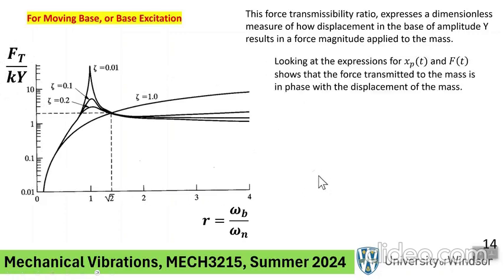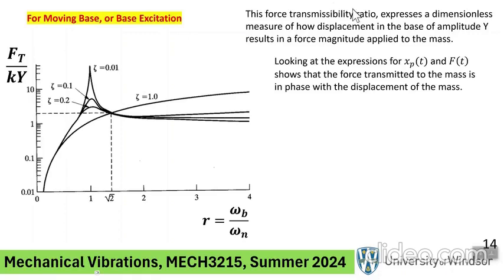Now, first of all, if you looked at the expressions for XP and FT, they both have some garbage times cosine of omega bt minus theta 1 minus theta 2. The term that makes them vary is that cosine term, and the angles are the same.